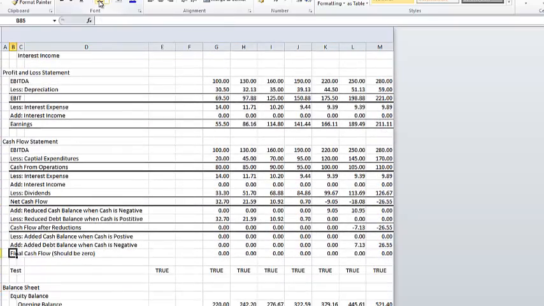Okay, and then we work through the cash flow statement. The hard part about this, which I kind of did wrong, was we first look at the reduced debt and cash. Then we look at the added debt and cash. You don't have to do this. There are about 100 ways to do this and everything else.